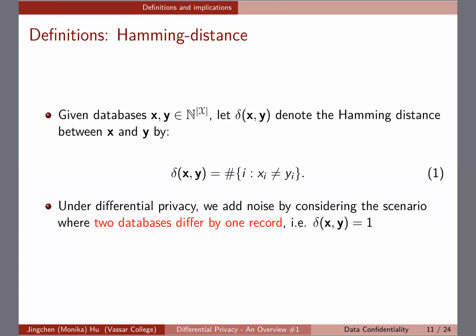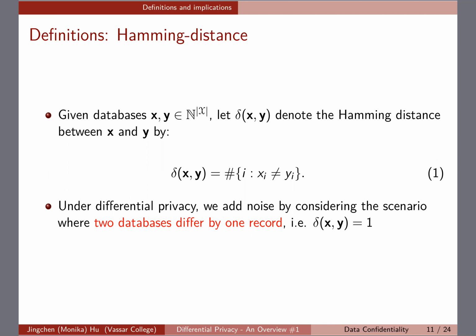And of course, you can relax this scenario. You can say, well, what if two databases differ by two records? So that will be delta xy equals 2. And that will be a scenario thinking about two databases differing by two records, and then we want to see how much difference you will see in the output.